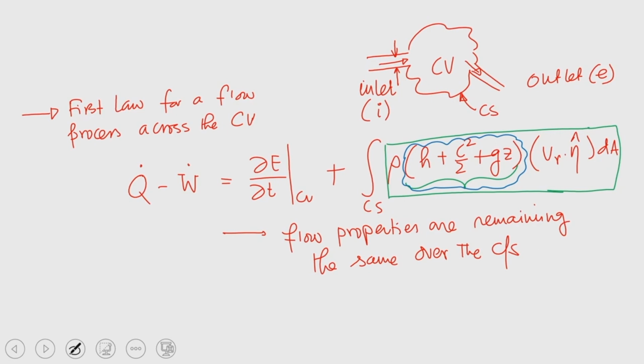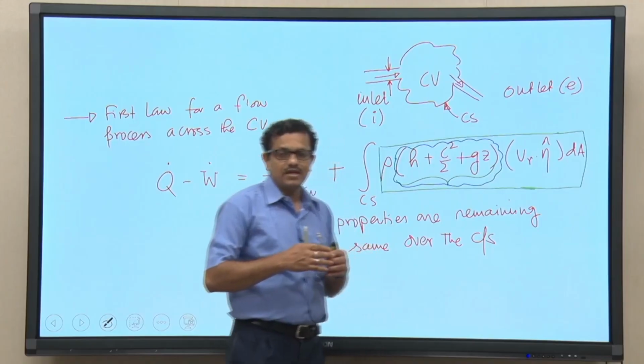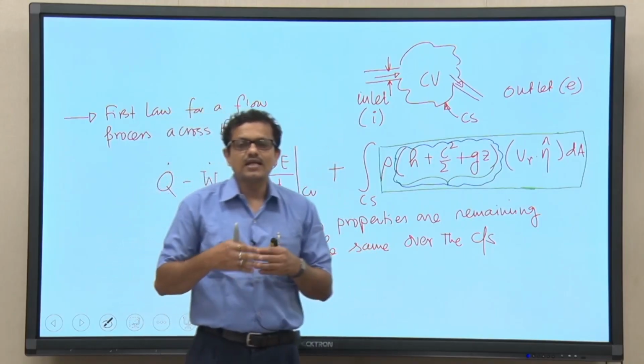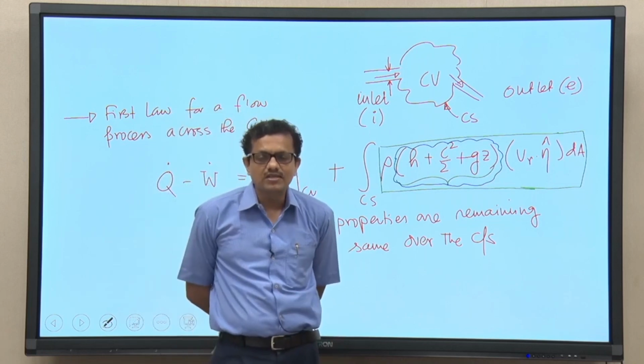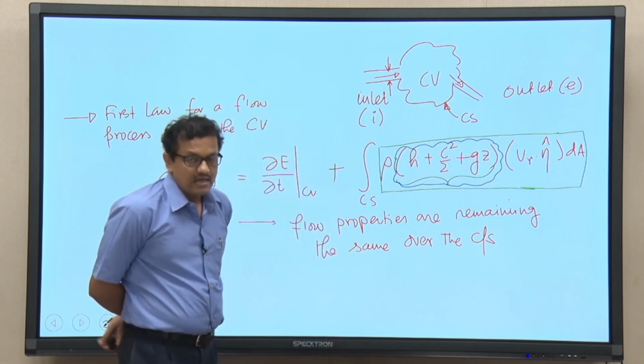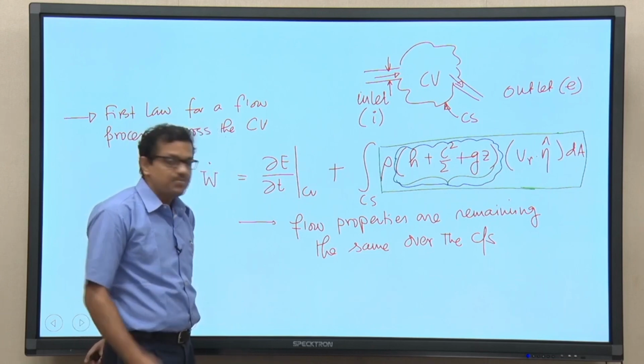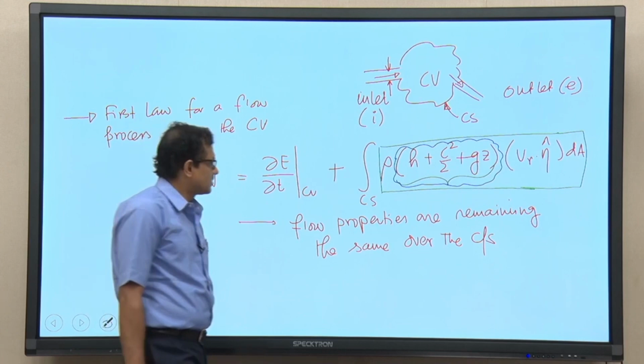This is very important to know, because the equation we are going to derive today is an important equation, and we shall be using it in different cycles discussed in this course, in particular in the power cycle.